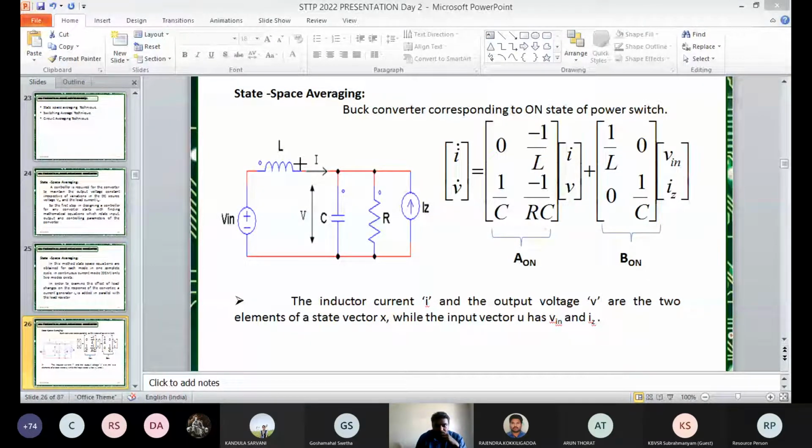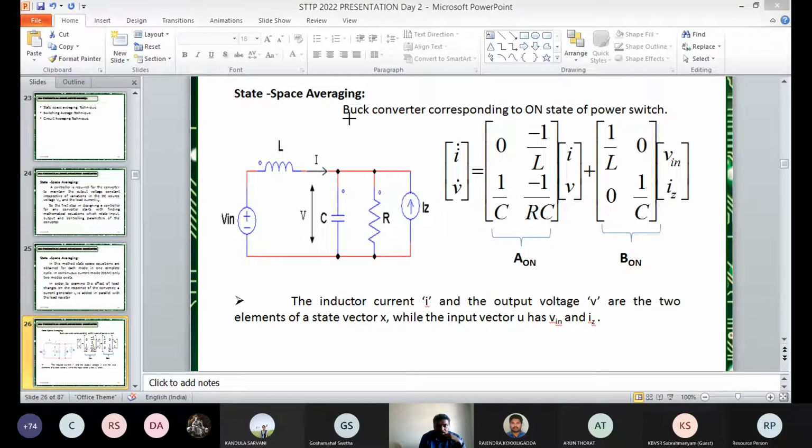If you want to form a state model, whatever variable you have chosen as a state, while writing the equation for that circuit, you need to get the derivative of that one. The state model contains one equation, the state equation, called x dot equal to Ax plus Bu.